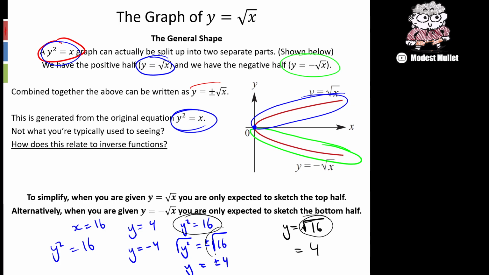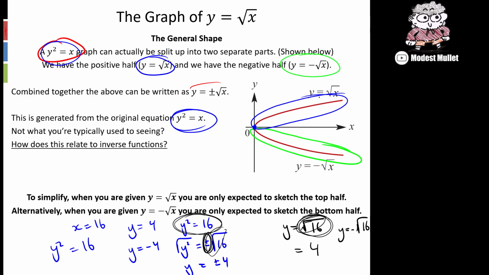If we wanted the negative answer, maybe because it was a loss instead of a gain, it would be written as y is equal to negative square root 16. So if a square root sign is already written, then we only take by convention the positive answer. If we're using a square root to do inverse operations, then we must add that plus or minus.